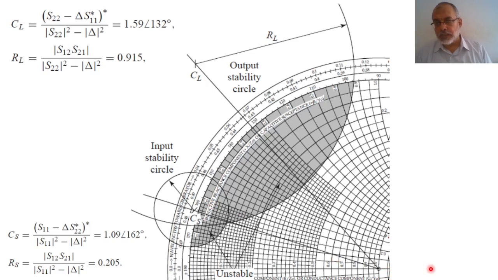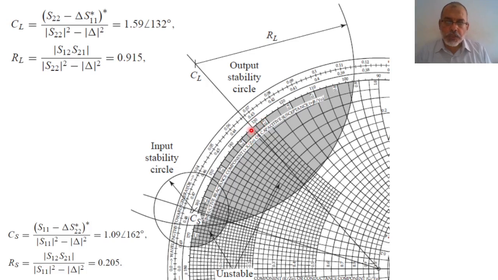This is the x-axis, so I'm going to measure the angle from the x-axis to 132 degrees. This would be 90 degrees here, and 132 degrees at this point. It is located here.